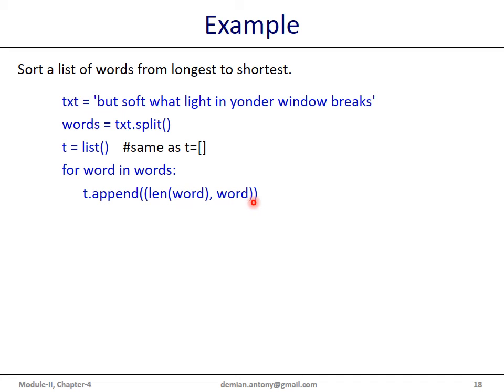You can see the parenthesis. This is a tuple representation. Tuple with first item, length of the word, an integer, and the string, that word itself. After execution of this for statement, now we have a T list of tuples having two items.